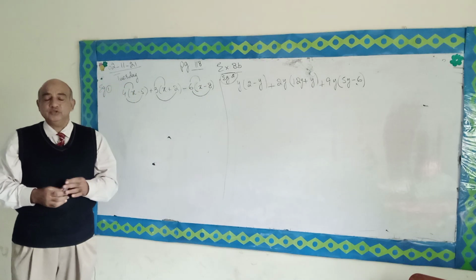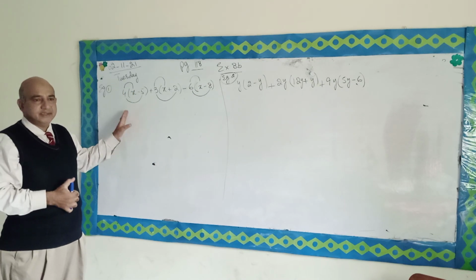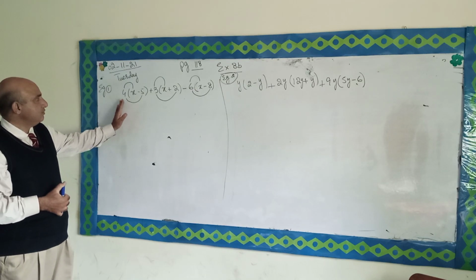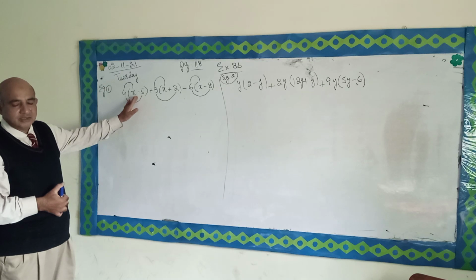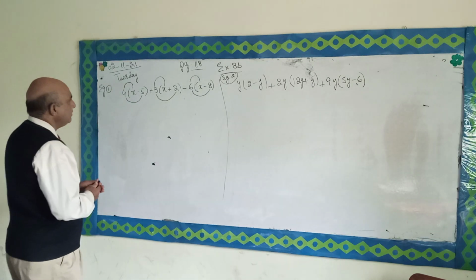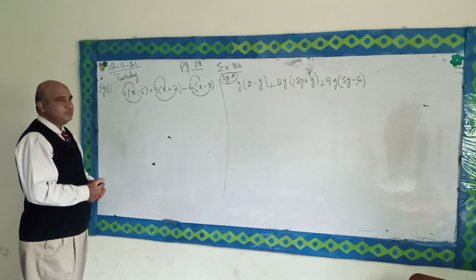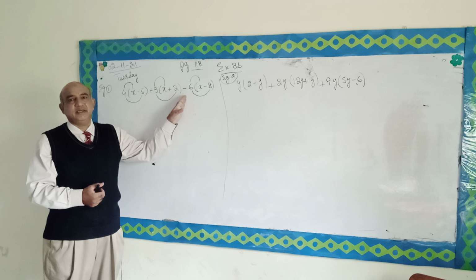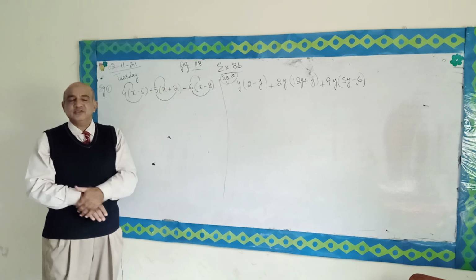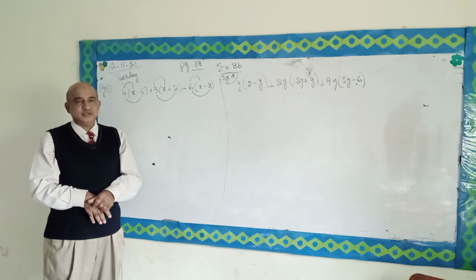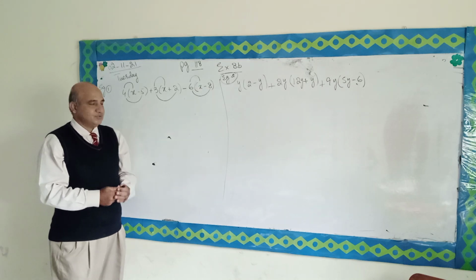One rule is that we will open the brackets and multiply the number outside the bracket with all the terms or numbers inside the bracket, right? And number 2, please be careful that when there is a negative sign outside the bracket, we will change the signs inside the bracket. We will take care of all these things as well.